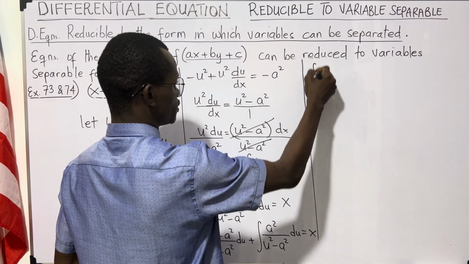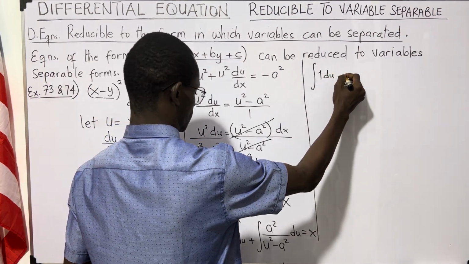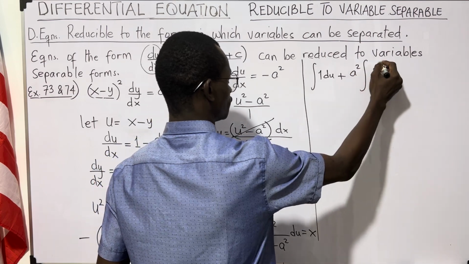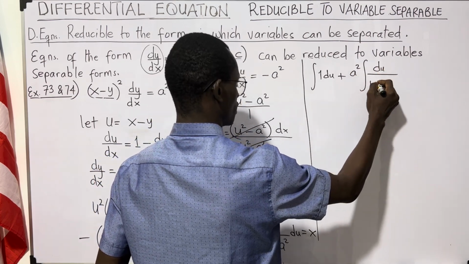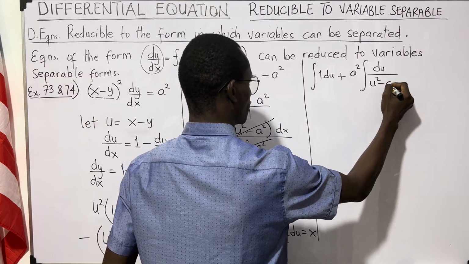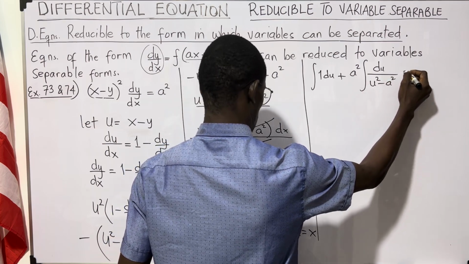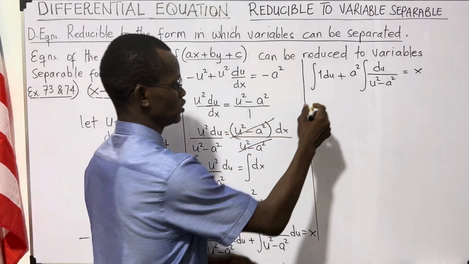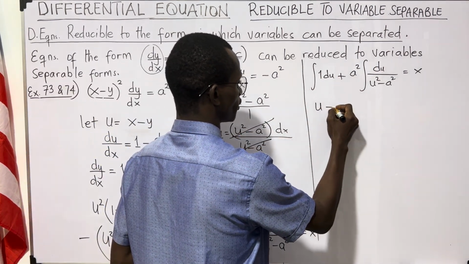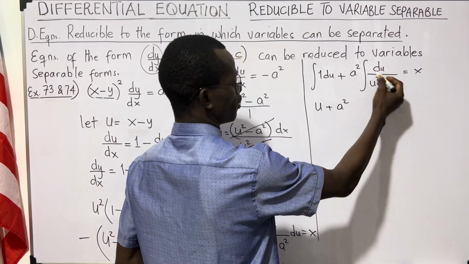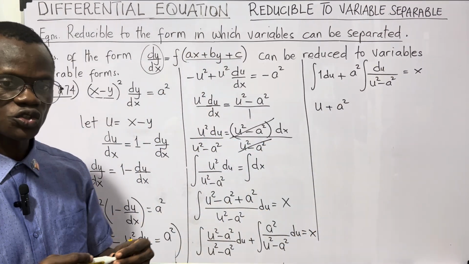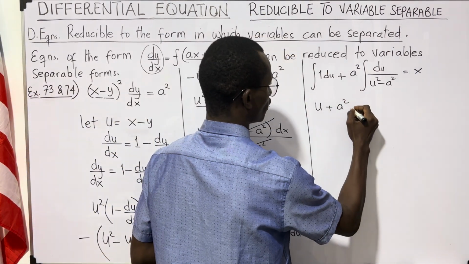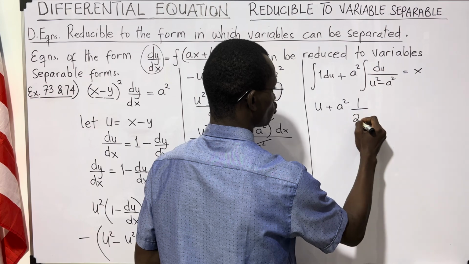So this is now the integral of 1 du plus a squared, the integral of du all over u squared minus a squared, all equals to x. So the integral of 1 du is just u, and the integral of du all over u squared minus a squared is just 1 all over 2a.